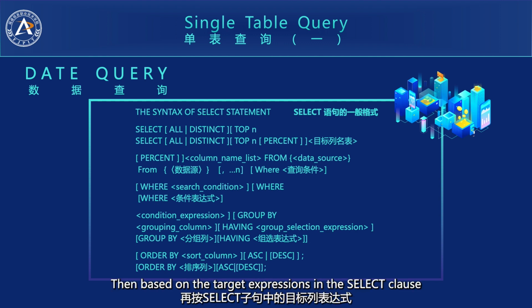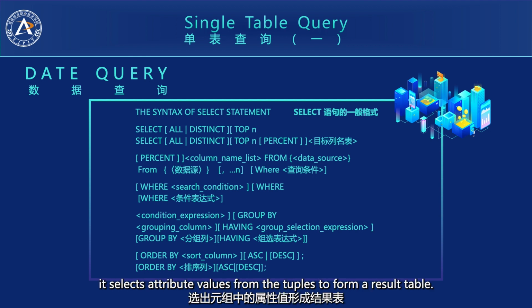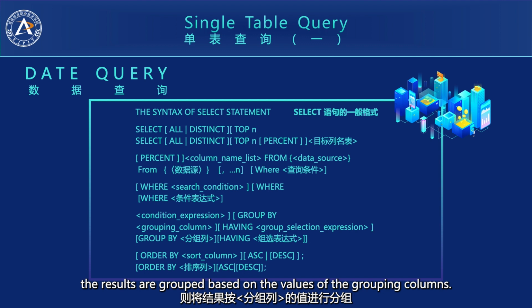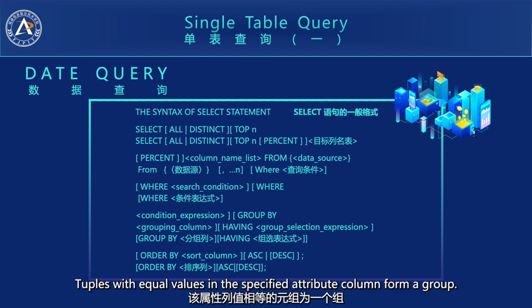Then, based on the target expressions in the select clause, it selects attribute values from the tuples to form a result table. If there is a group clause, the results are grouped based on the values of the grouping columns. Tuples with equal values in the specified attribute column form a group.